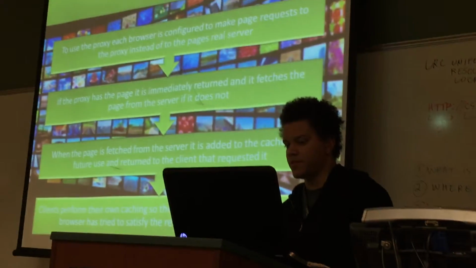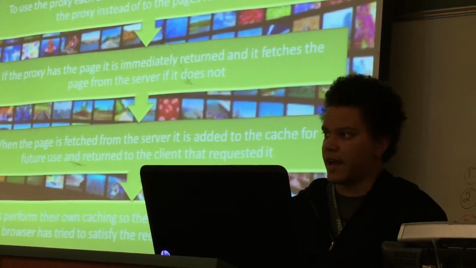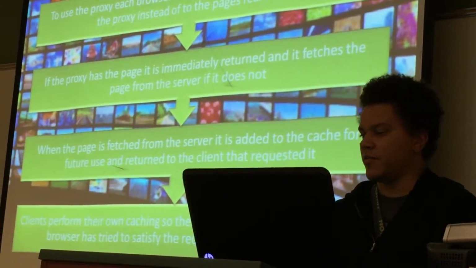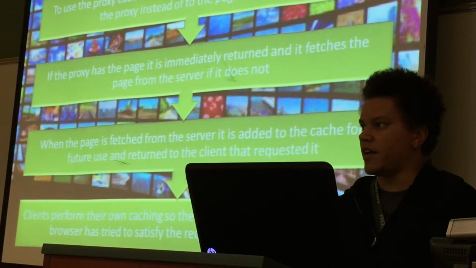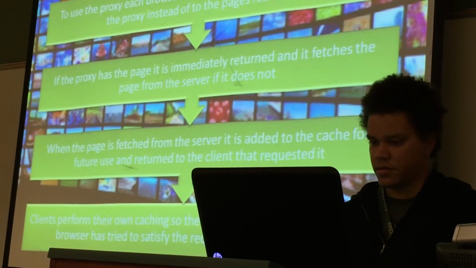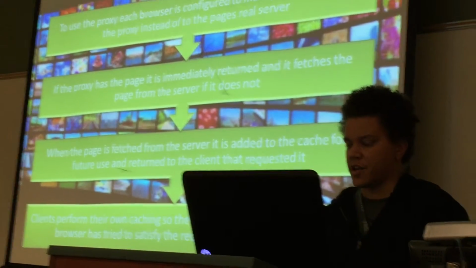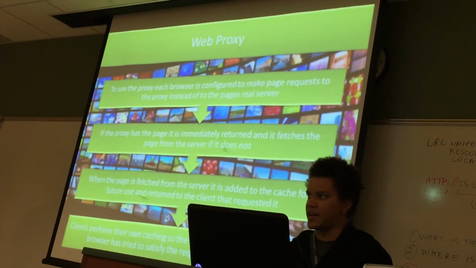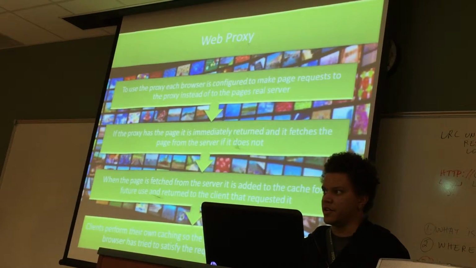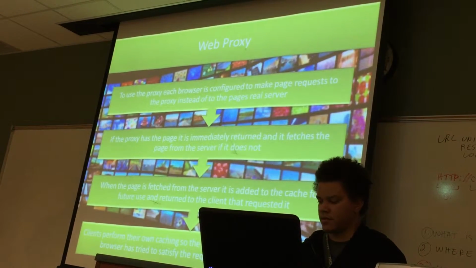Then at that time, it would update the cache of the proxy so that any following requests would have that information immediately available. Of course, all this takes place only if the local cache on the individual machine doesn't already have the page cached.